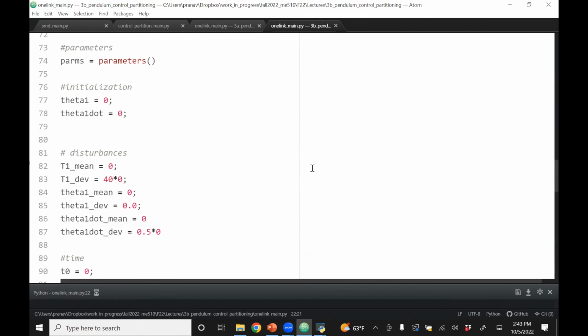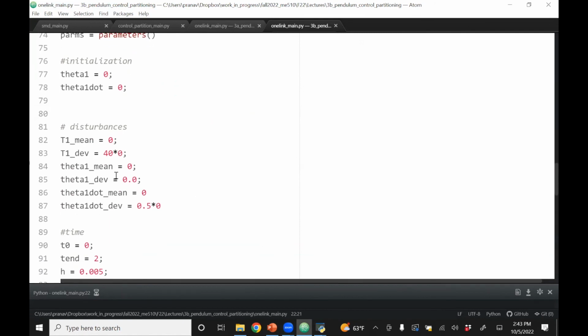I actually have some other things you can do. You can simulate noise. The sensor measures the velocity and position, and you can add some noise to the velocity.